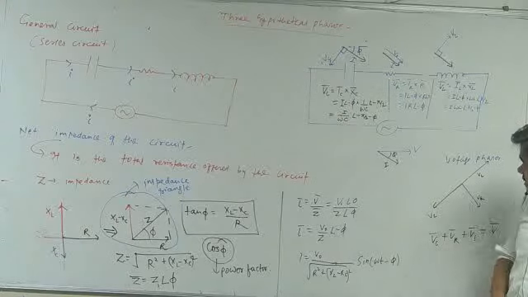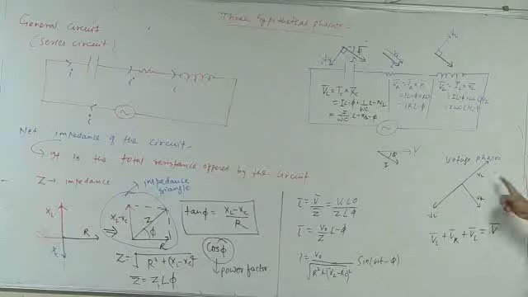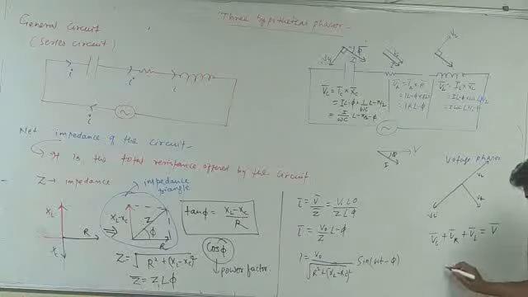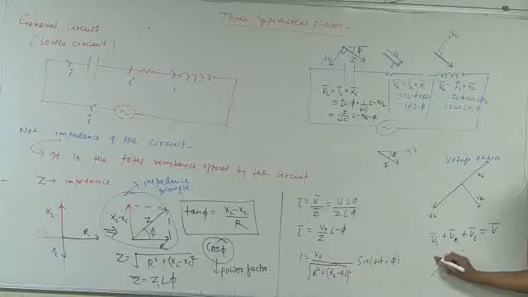Now if you add all these three, what will you get? Here this is VL minus VC phasor, and this is our VR phasor.